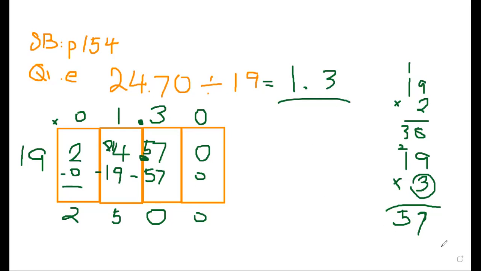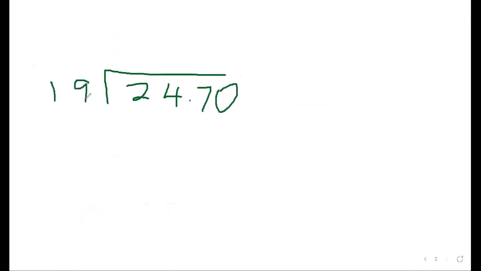So if you want to do long division, you can also. Because if you prefer the long division, it's still okay. So 2 divided by 19, it cannot be, so I can take 24. So 24 divided by 19 is 1. 1 times 19 is 19. Then I need to subtract.